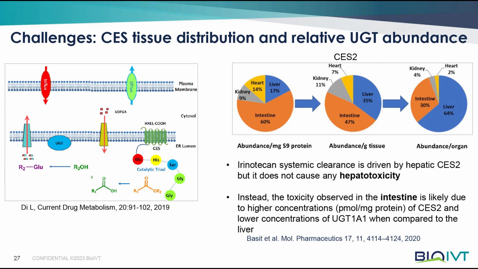So this paper puts forward the idea that the toxicity observed is likely due to the fact that you have much higher concentrations of carboxylesterase 2 in the intestine than you do of UGT1A1. UGT1A1 would then glucuronidate that SN38 and decrease its toxicity. So that difference in protein then may explain that toxicity, why you don't see hepatotoxicity.